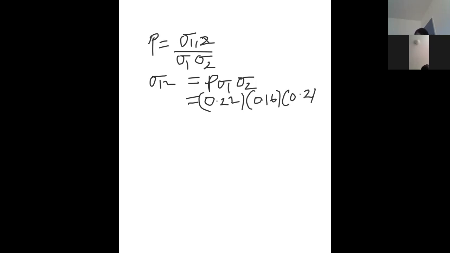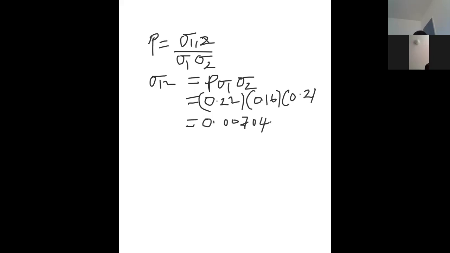So when I multiply this, I have 0.22 times 0.16 times 0.2, which is 0.00704. Great. So this is what we are going to get for the covariance.